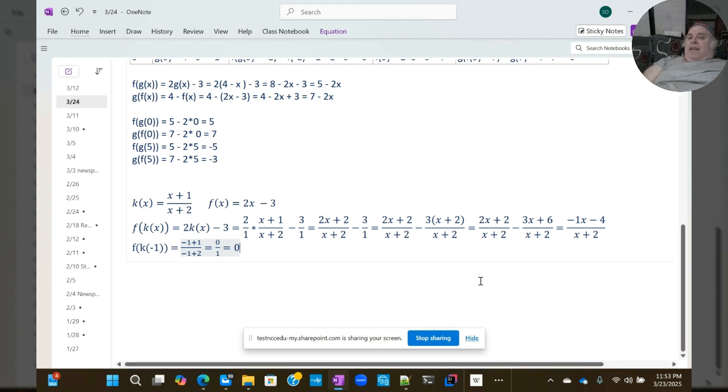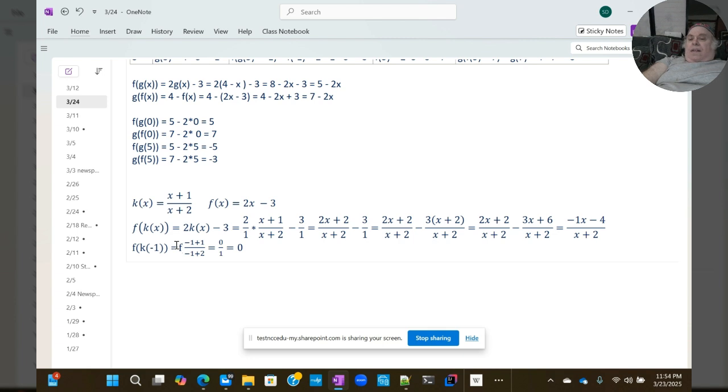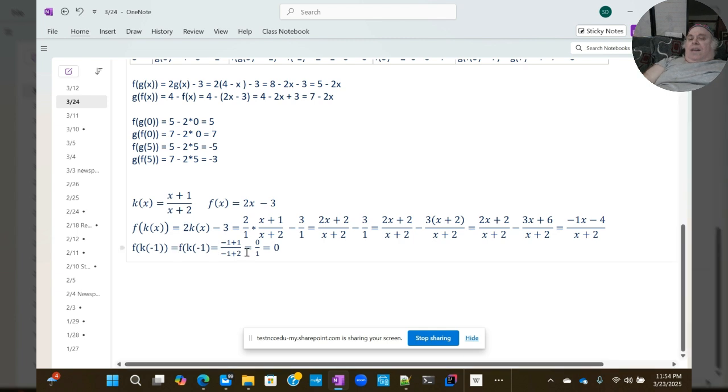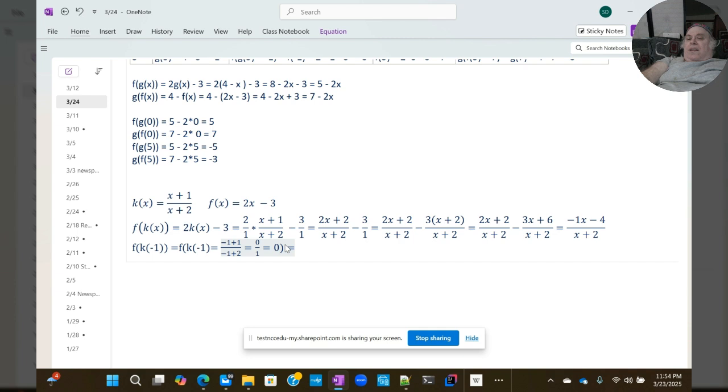So k of minus 1 is 0. Okay? So this is going to be f of k of minus 1, which equals f of 0, and that's going to equal 2 times 0 minus 3, which is equal to minus 3.